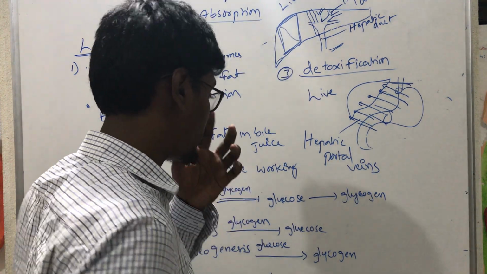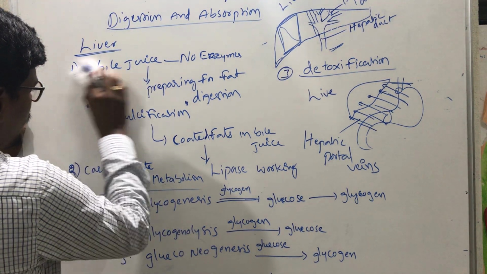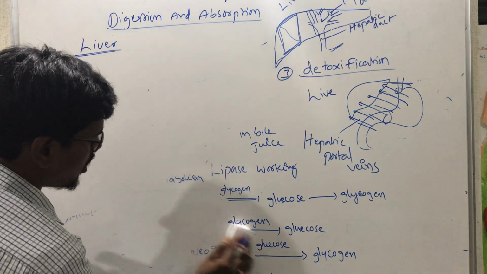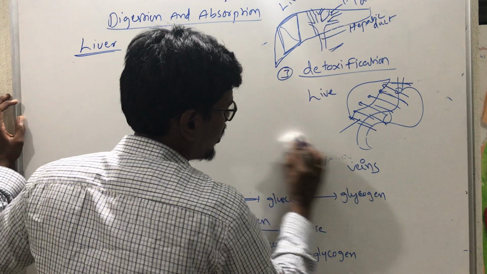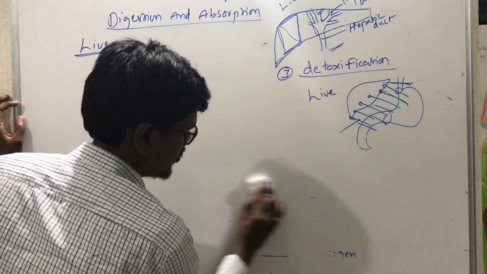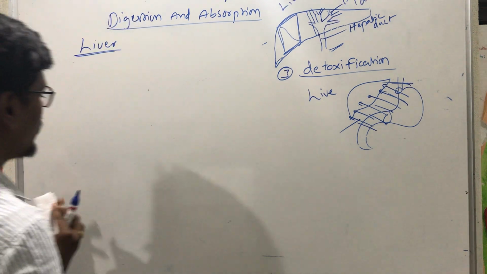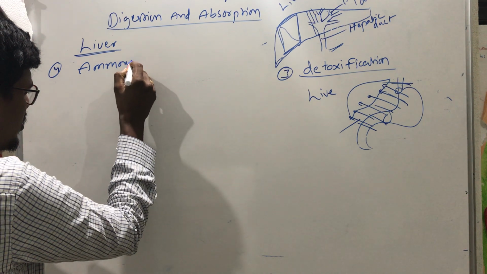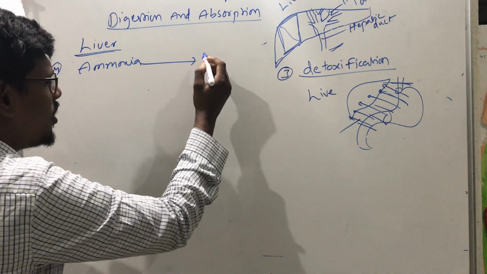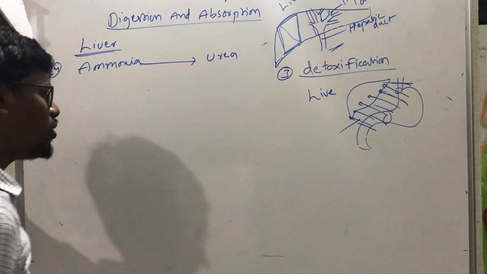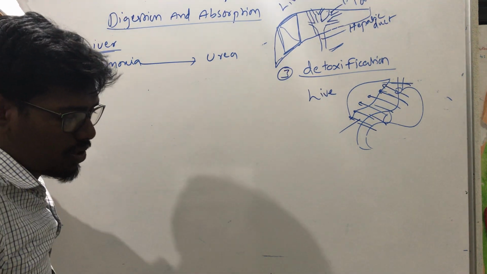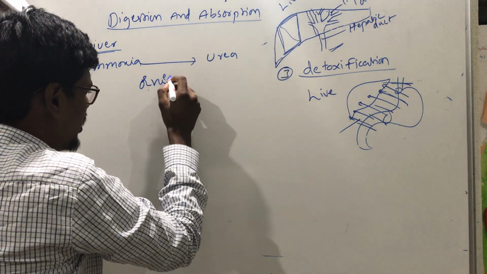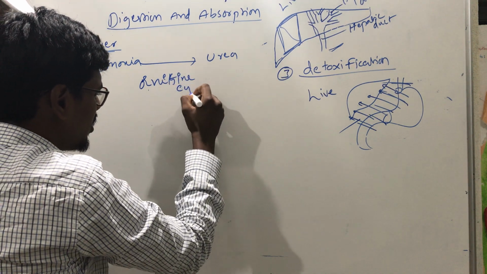The next function is that ammonia is converted into urea using the ornithine cycle.